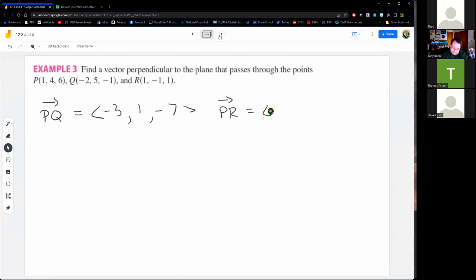So I've got 1 minus 1, which is 0, -1 minus 4, which is -5, and 1 minus 6, which is -5. So I've got my two vectors. Now I'm going to find my cross product of these.